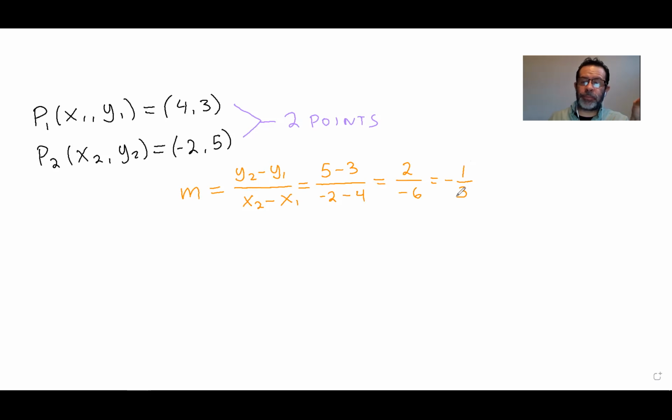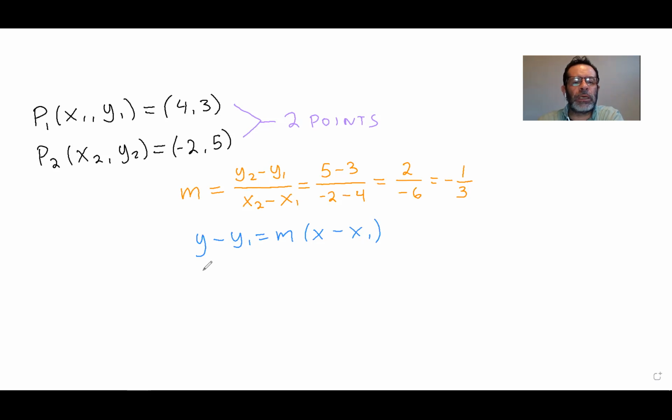Now, having the slope, we can grab any of the 2 points, whichever ones we want, and find the expression using the same point slope equation. It's going to be y minus y1 equals m times x minus x1. In this case, we're going to use point 1, but having the slope, we could actually use any. We could use point 2 as well. We should get to the same thing.